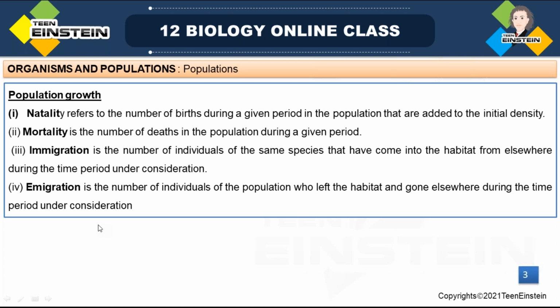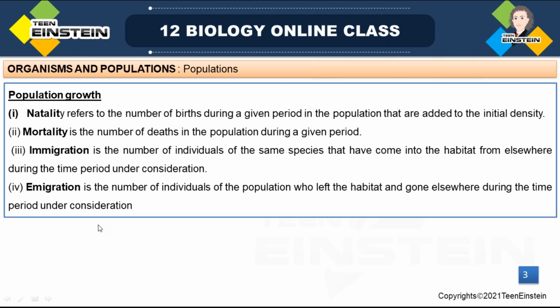At the same time, emigration and mortality. Mortality means number of deaths. Organisms are dying from a particular population, which means the number of individuals is getting reduced. Emigration means some organisms are leaving this population and going somewhere else.